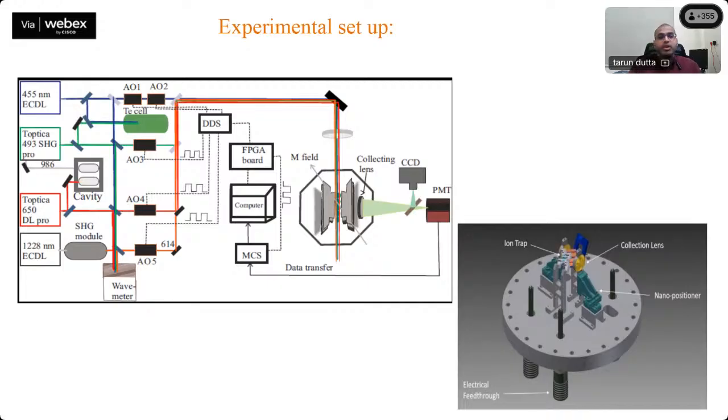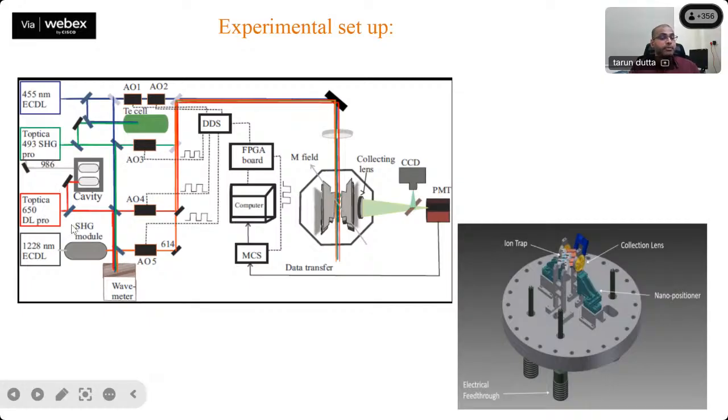Though the lasers are ECDLs, they are not free running lasers. We have atomic cells where you can see atomic lines, and if you have atomic lines close to the wavelength you require for driving the laser cooling, then you can lock that laser to the atomic lines. The 493 and 455 lasers are locked to the tellurium cell.